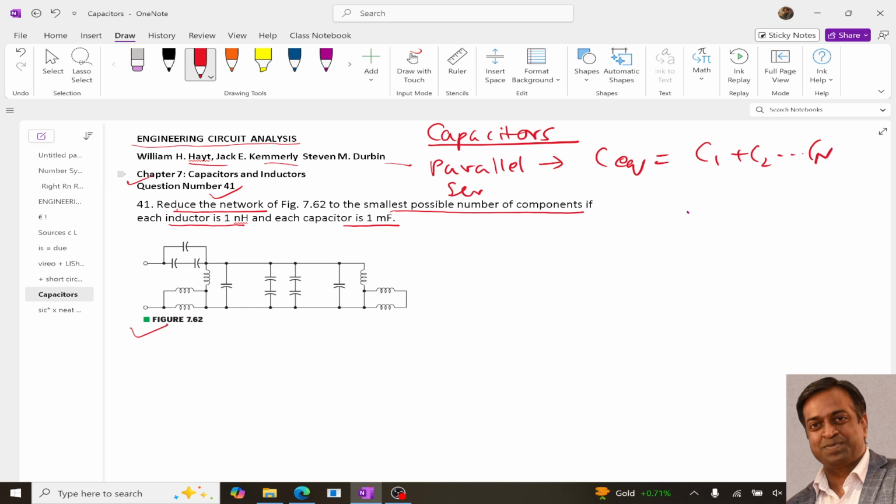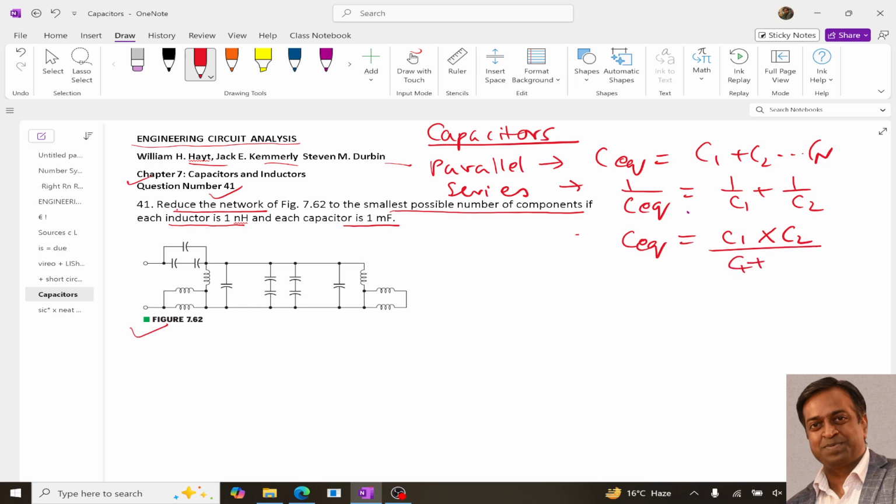Whereas if they are in series, then 1 upon Ceq equals 1 upon C1 plus 1 upon C2, or simply C1 times C2 upon C1 plus C2. So this is for the series.